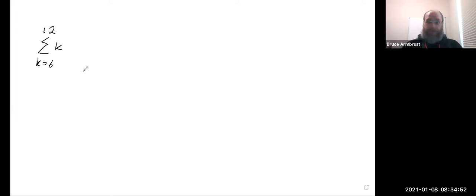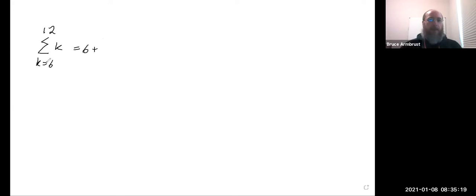Now, we can brute force this if we wanted to. The fact that this is a k instead of an i, don't let that throw you. I think for you guys at this point in your math careers, you're probably good with the idea that a change of a letter doesn't really change anything. But if you think about what this is saying, we want to start with 6. So we would plug in 6 and we would get 6.